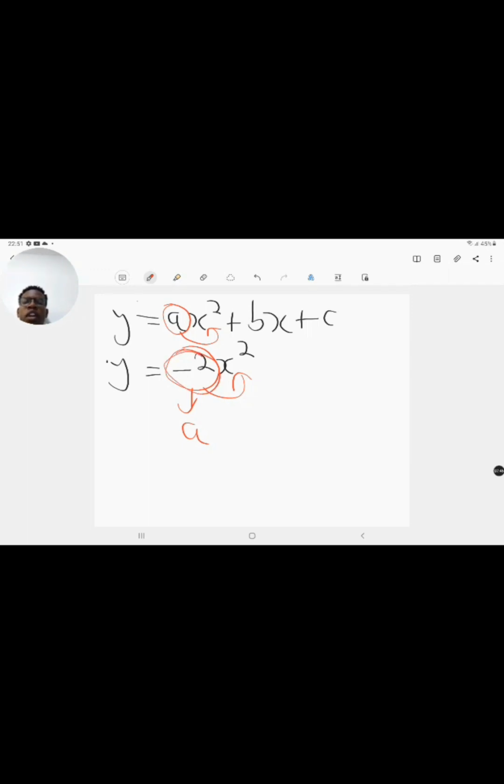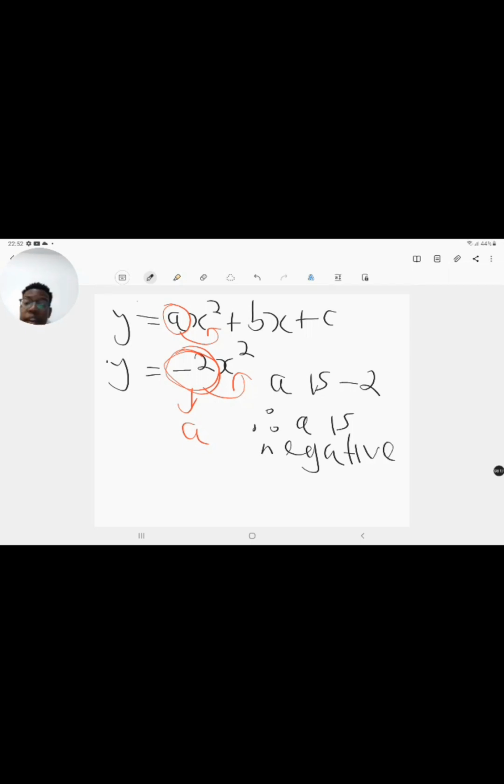Now if I were to ask you what shape this equation's graph would have, you would tell me that because a is minus 2, a is negative.